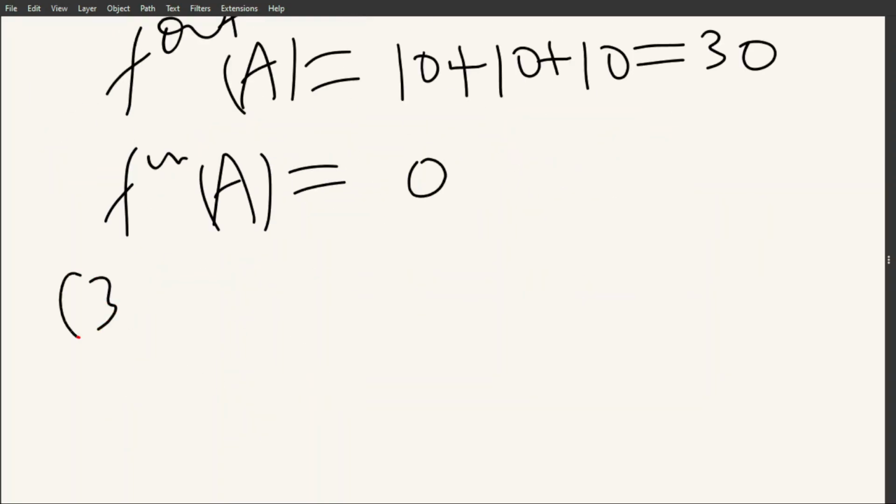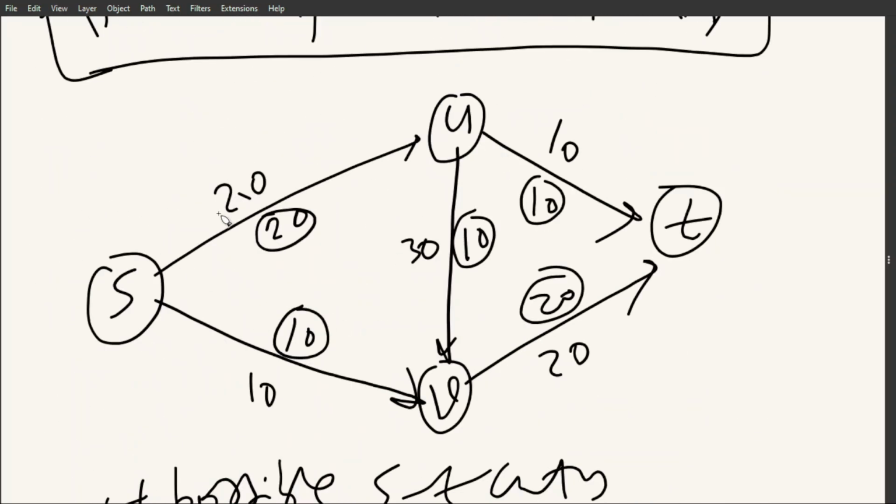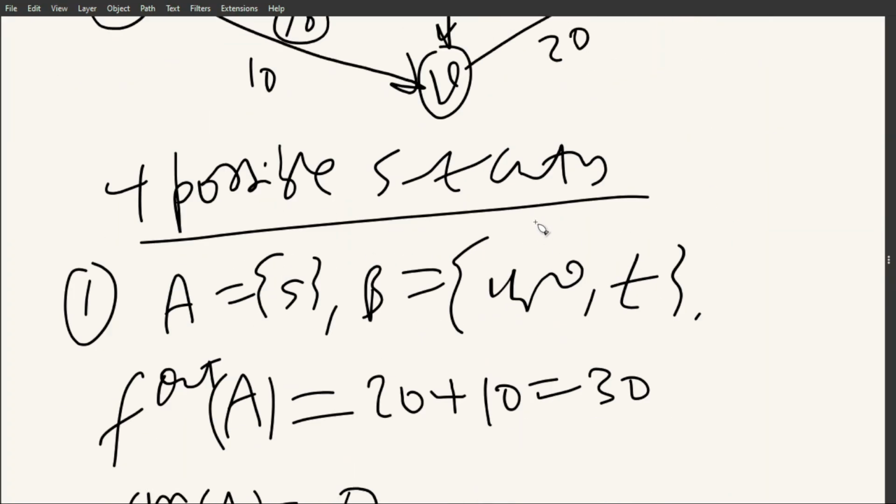For the third possibility, just different, we combine s with v, and u with t. Now what is flow out of A? Just consider outgoing edges from the boundary. So we have one which is 20, this is incoming, this is outgoing: 20 plus 20.